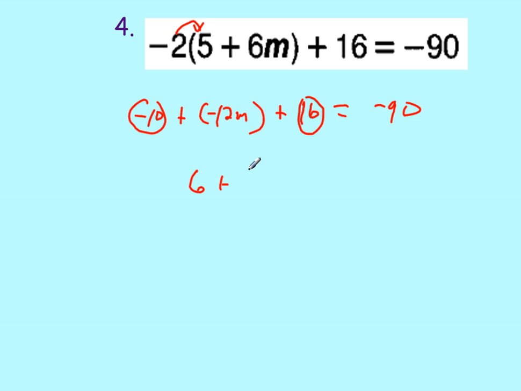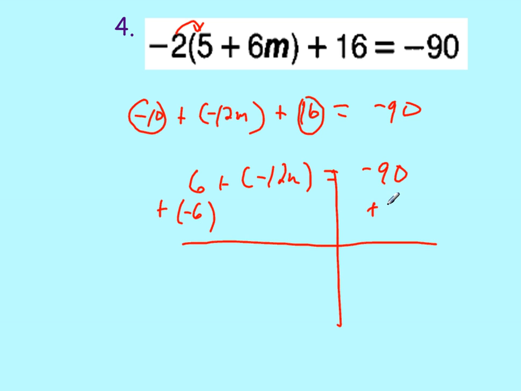So now we have 6 plus negative 12m equals negative 90. Now it's our two-step equation. Add the opposite over here and do the same over here. So it's negative 12m equals, and then negative 90 plus negative 6 is negative 96.